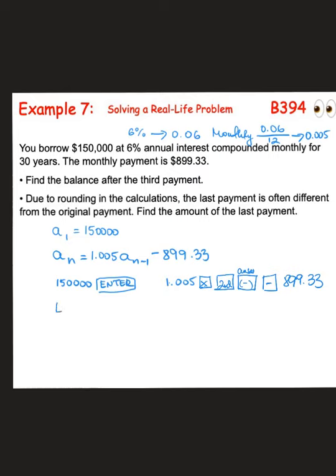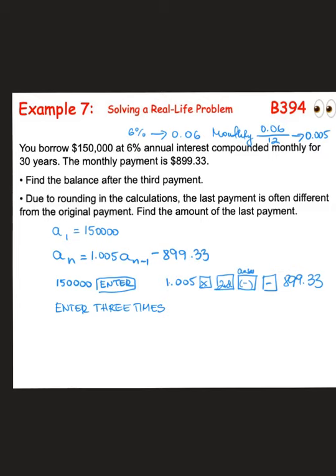Then press enter 3 times to figure out how much the balance will be after 3 payments.